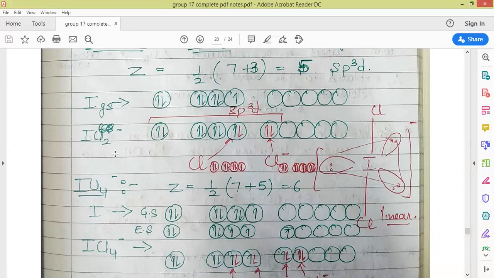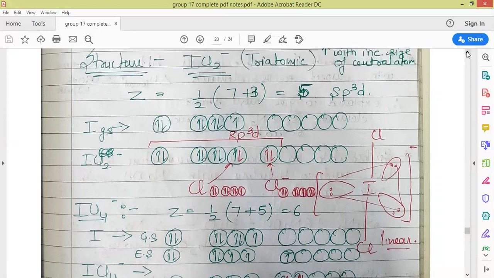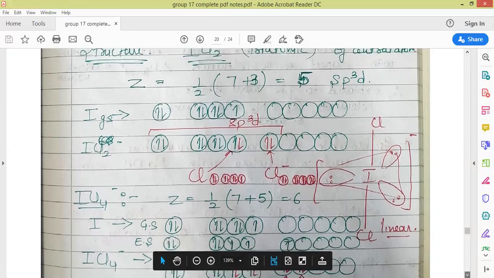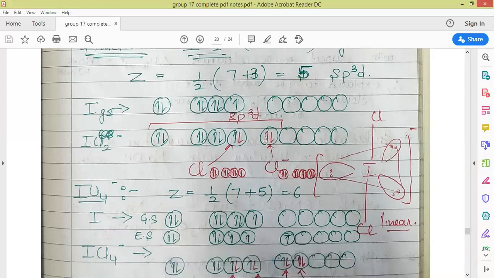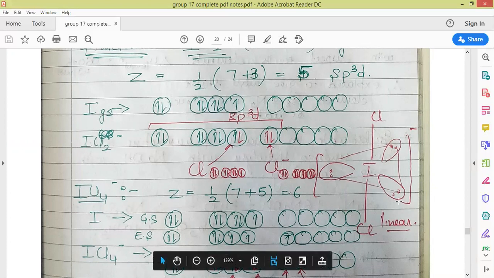So it is getting 1 electron from the Cl and the other 2 electrons, that is a full pair of electrons, from Cl negative, to form ICl2 negative anion, and 3 lone pairs are present in the structure.